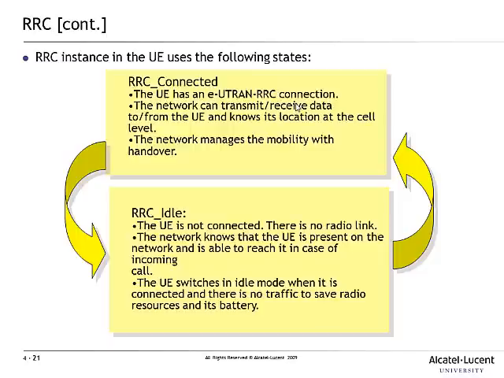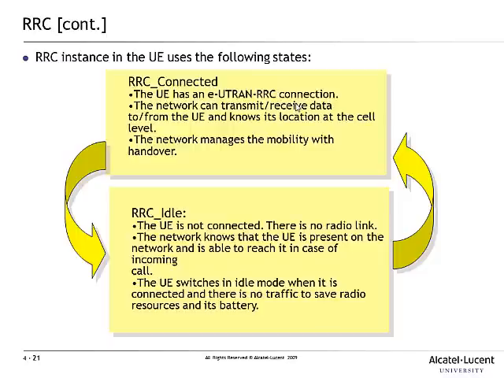And when you are in the RRC connected state, the location of the UE is known at cell level. Okay. The next possible state: you can only be in one of these two states. Either you are connected to the network or you're idle. That means you don't have a connection to the network. So when you're in the RRC idle state, you're not connected, there's no radio link, there's no radio bearer.